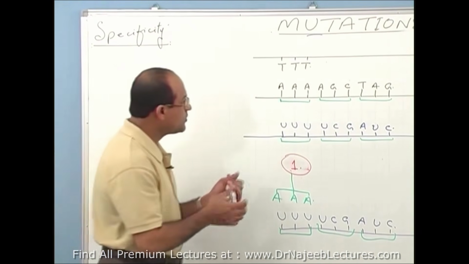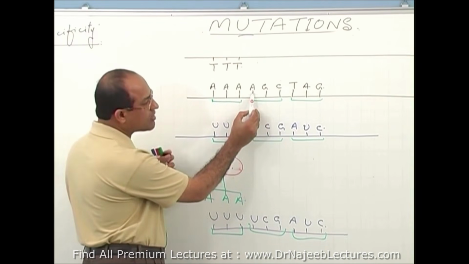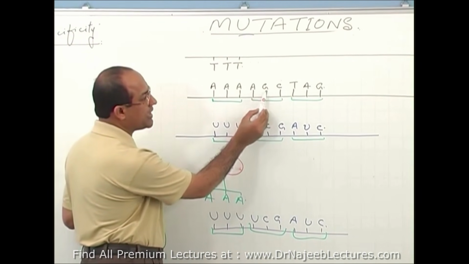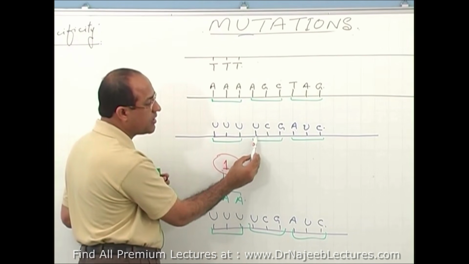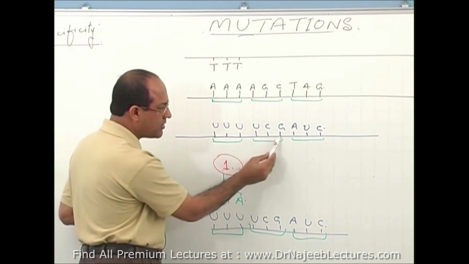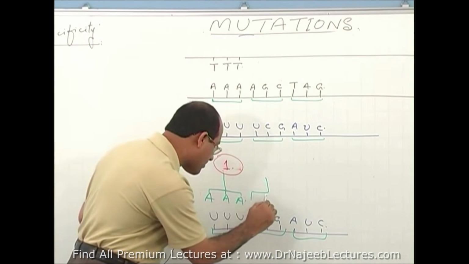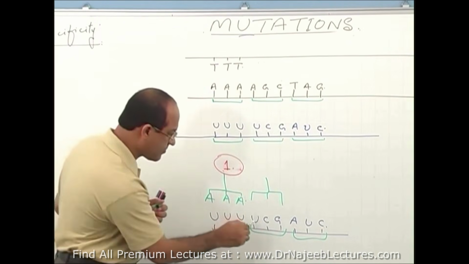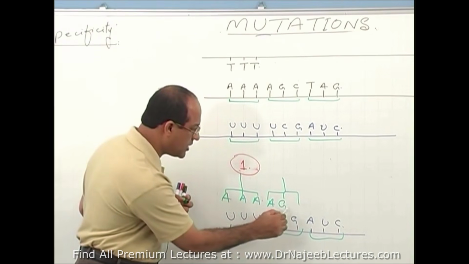Now, if we follow similarly further, the next DNA codon is AGC. So naturally the complementary codon in messenger RNA should be UCG. What should be ideally speaking in transfer RNA here? In front of you, AGC.